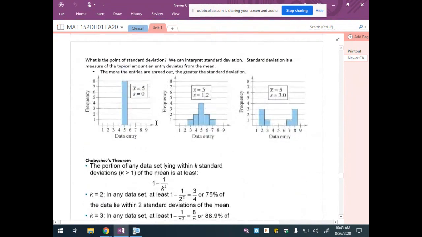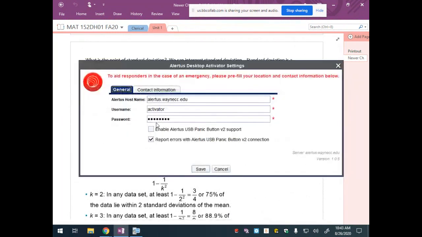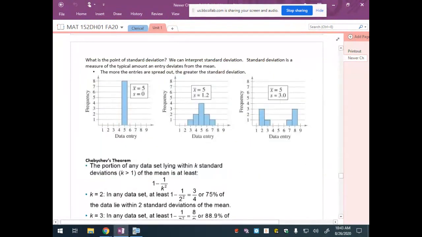All right, so what is the point of standard deviation? We can interpret the standard deviation. It is a measure of the typical amount an entry is going to deviate from the mean. The more the entries are spread out, the greater the standard deviation is going to be.